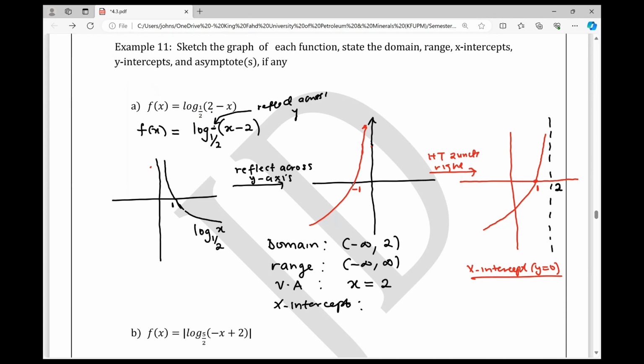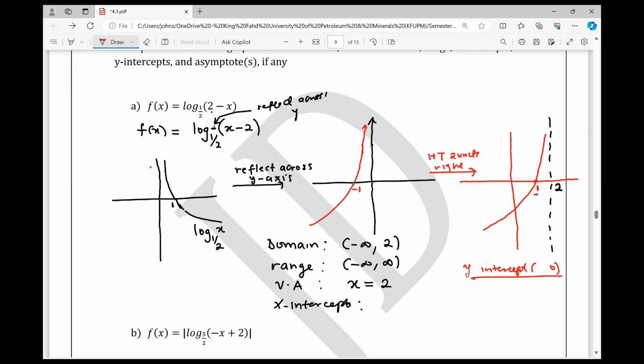So we're looking for the x-intercept, which means you put y equals 0. We already know our x-intercept from here is 1 and 0. So for the y-intercept, we just put x equals 0, because we already know what the x-intercept is. So let's change this to y-intercept. For the y-intercept, you put x equals 0.